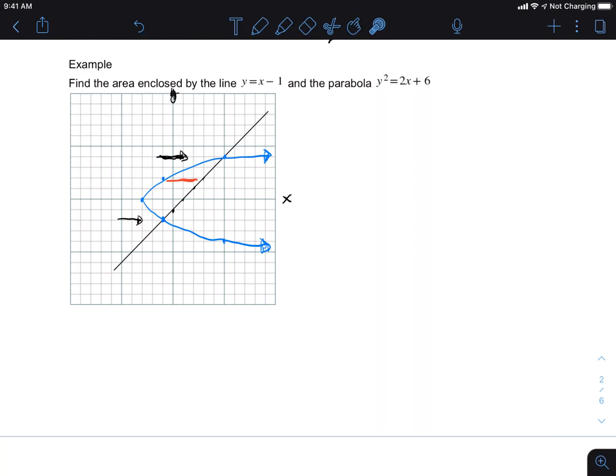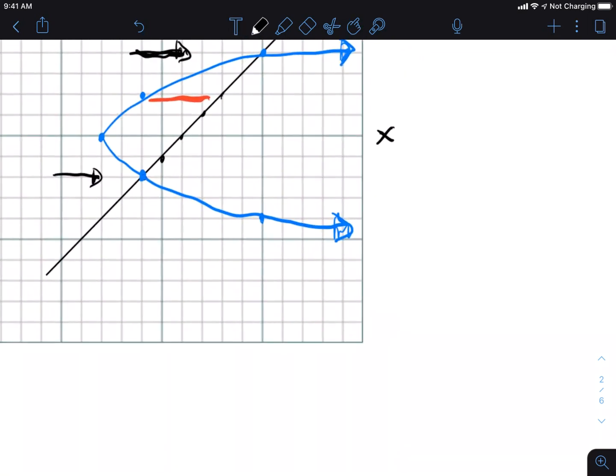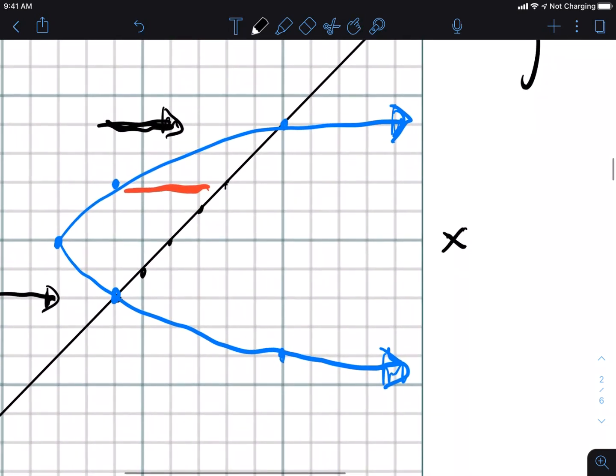That's an important idea. What are the bounds? From -1 to 3. -1 to 3. So that's 1, 2, 3, 4, 5.